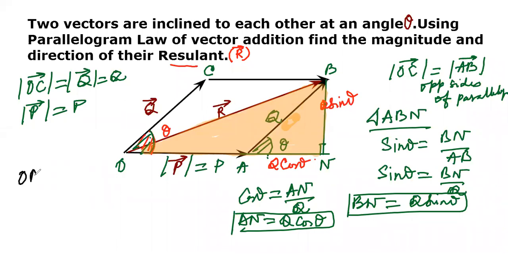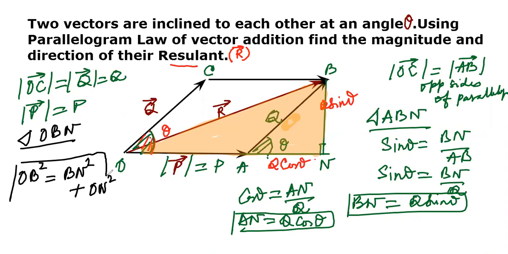OB square, because OB is representing the resultant, right? Which triangle am I considering? I'm considering triangle OBN. So OB square will be equal to BN square plus ON square. Now what is BN?